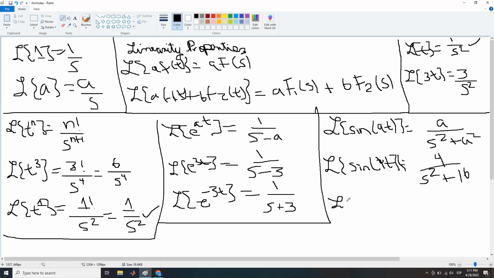The Laplace transform, for example, of sine of minus 4t will be equal to minus 4 over s squared plus, here we have to put in the minus 4, but minus 4 in parentheses squared will be equal to plus 16.